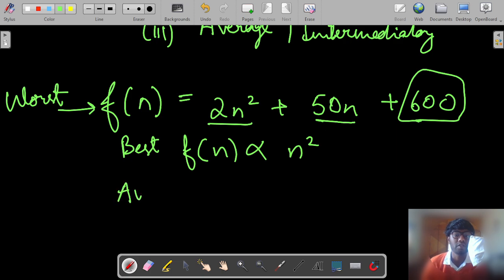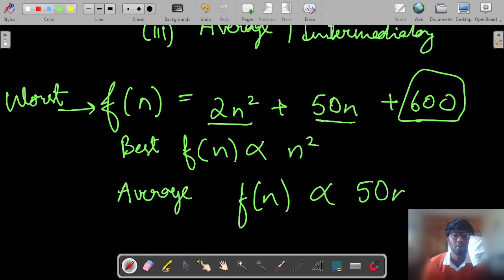Whereas in case of average, we can simply say that 50n, or it would be function of n, right? This might be an average case.